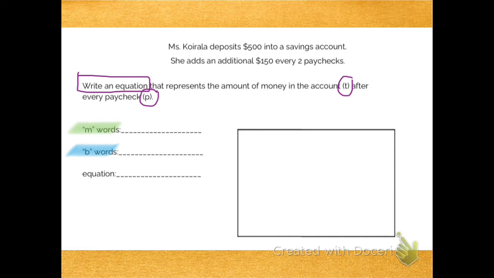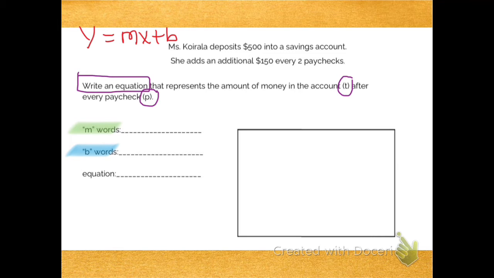So remember guys, the equation for the unit that we are in right now, which is non-proportional, has an m, a slope, and a b, which is the y-intercept. So your equation looks like this right here, y equals mx plus b, okay? But then we are given what letters we need to use instead of y and x.